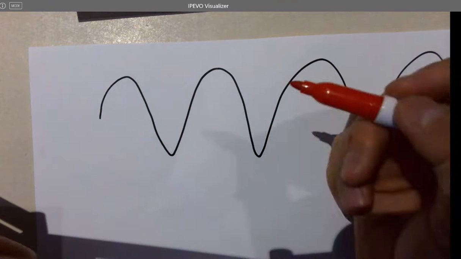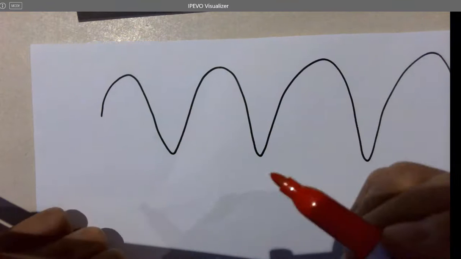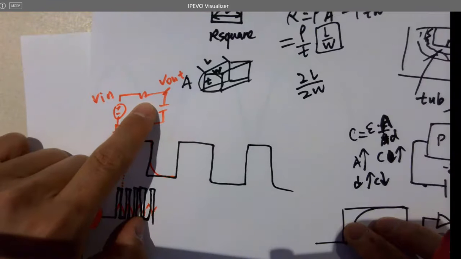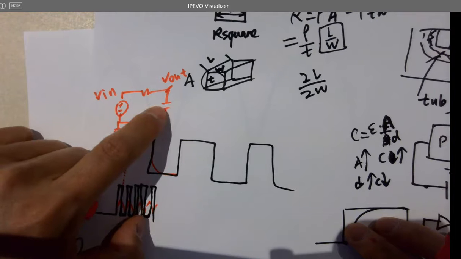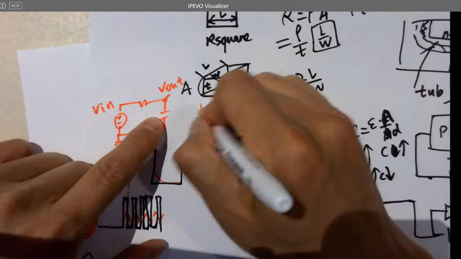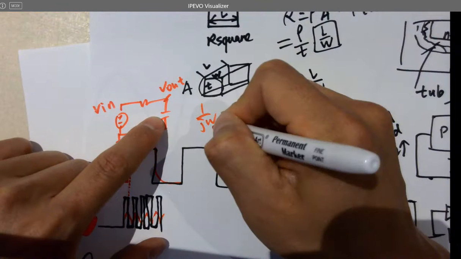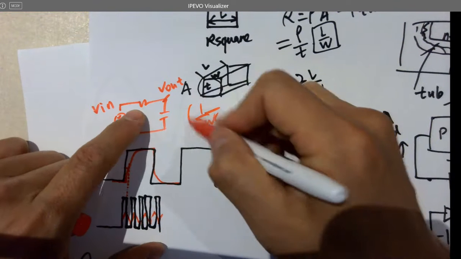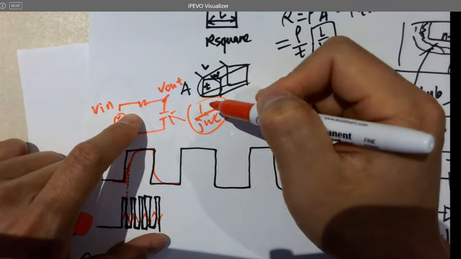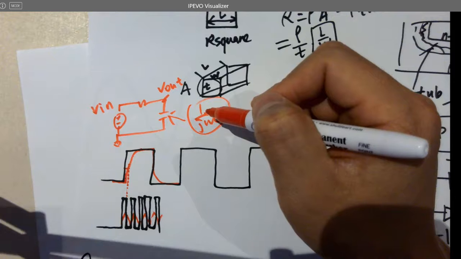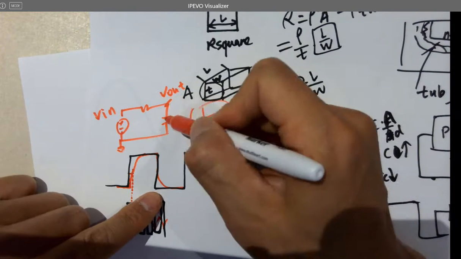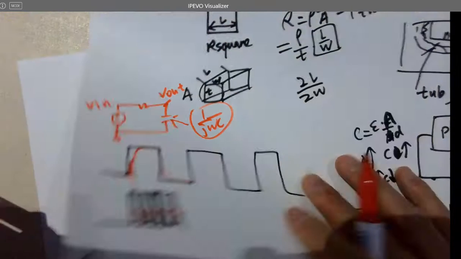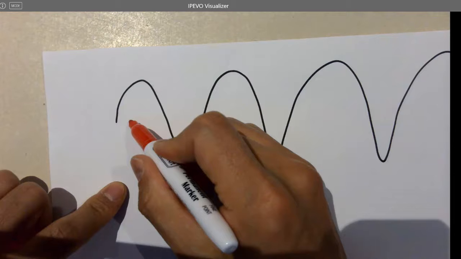First, it's delayed. Second, it's being attenuated. Why? Because it's a voltage divider. An AC signal can pass the cap, and the cap has an impedance which is 1 over j omega C, right? So it's actually a voltage divider. That's why VL is being attenuated, and why it's being delayed and attenuated.